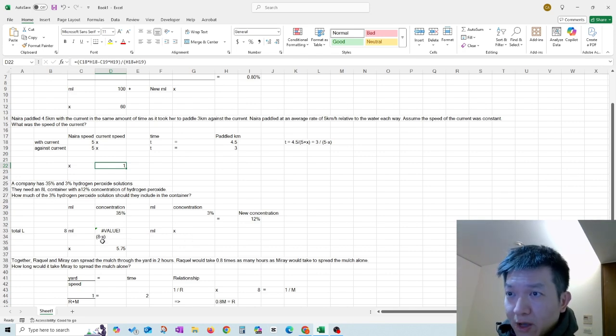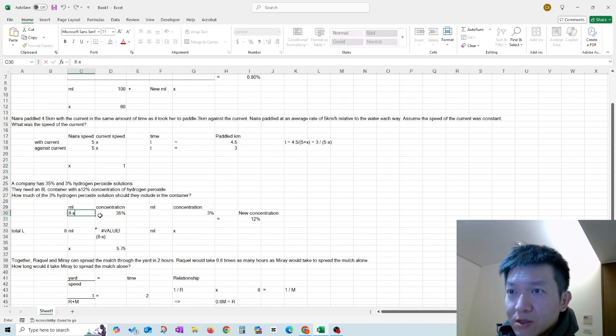So 8 minus x will be the other concentration's volume, right? So here you have to put down the same, 8 minus x, and here the volume will be x, right?